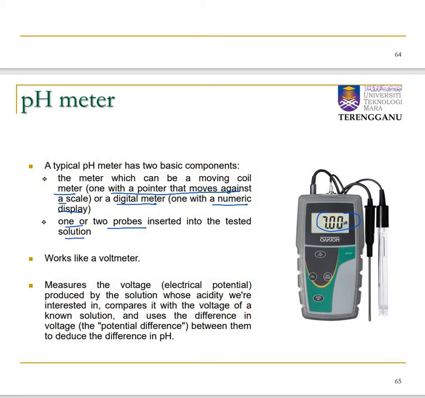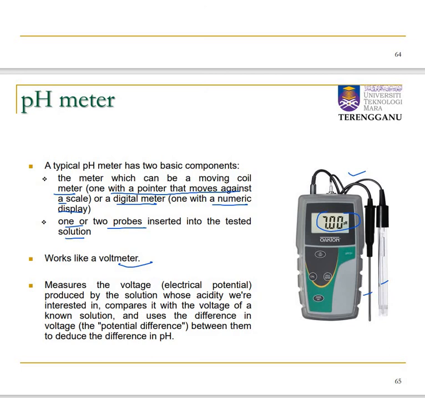So basically the concept used for the pH meter is the same as the one that I explained before, the electrolysis concept, because the two probes here act as electrodes. Basically this pH meter works like a voltmeter.